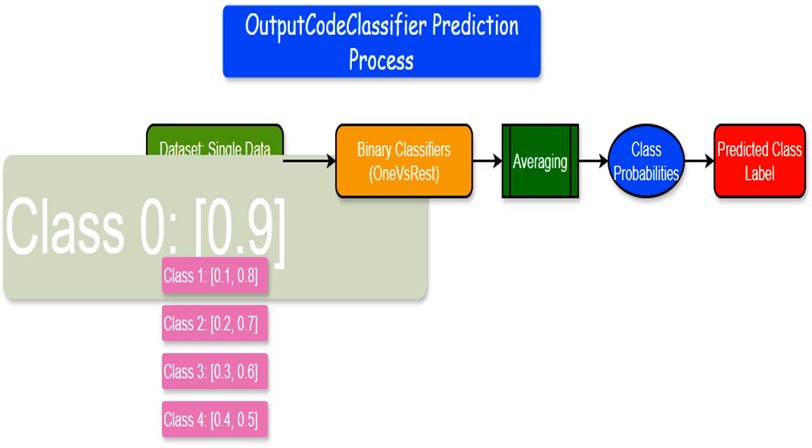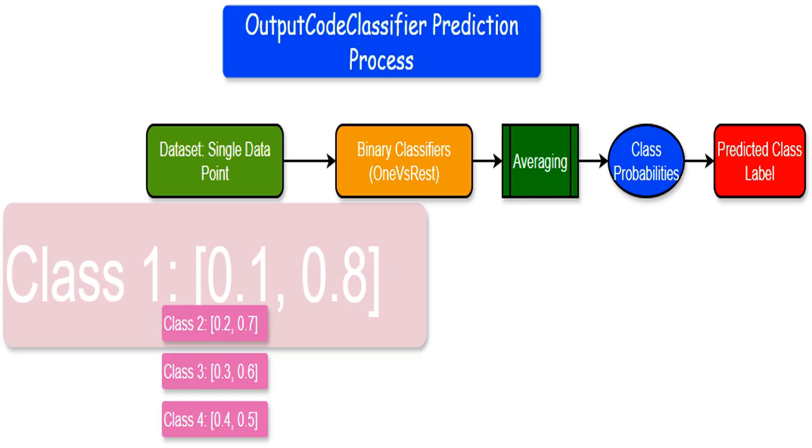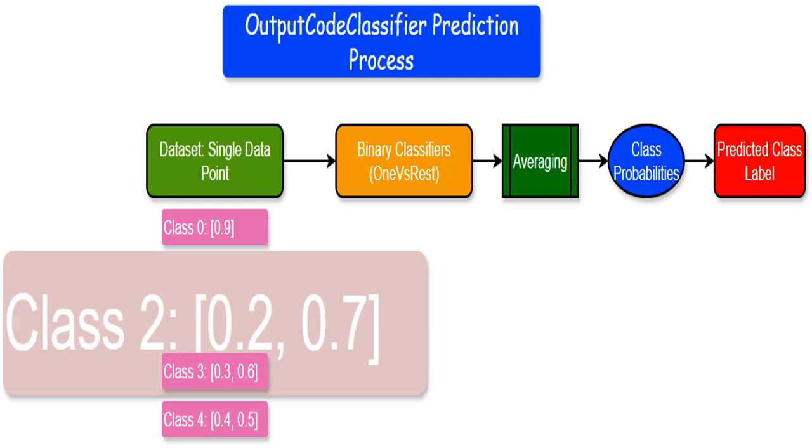It is very high. Here, we have 2 probabilities for class 1, one from each of the 2 internal binary classifiers. One classifier gives a low probability, 0.1, while the other gives a higher probability, 0.8. We'll average these values. Similarly, class 2 has 2 probabilities, 0.2 and 0.7, from 2 classifiers.